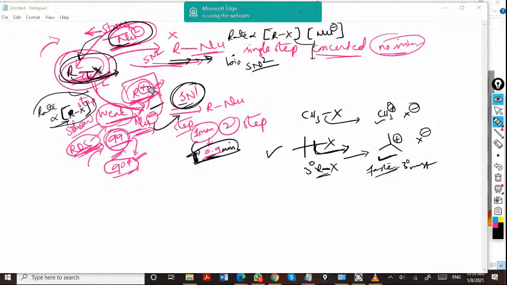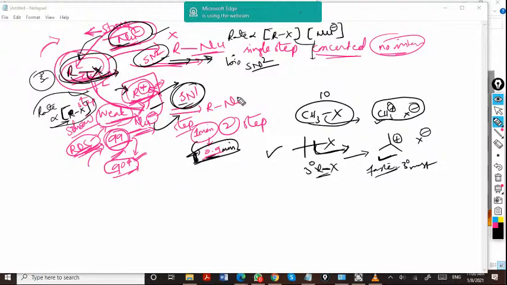So intermediate formation is a major step in SN1. Whenever the alkyl halide is tertiary, it predominantly follows the SN1 mechanism. When it is a primary alkyl halide, it will not stabilize the carbocation that is forming, so it will predominantly follow SN2. So what about the secondary? Secondary may give SN1 or SN2 based on the nucleophile.